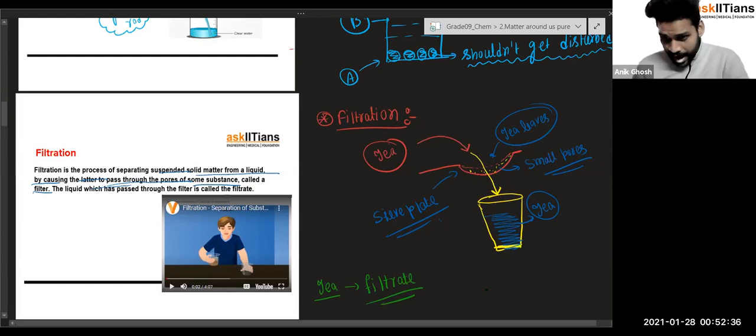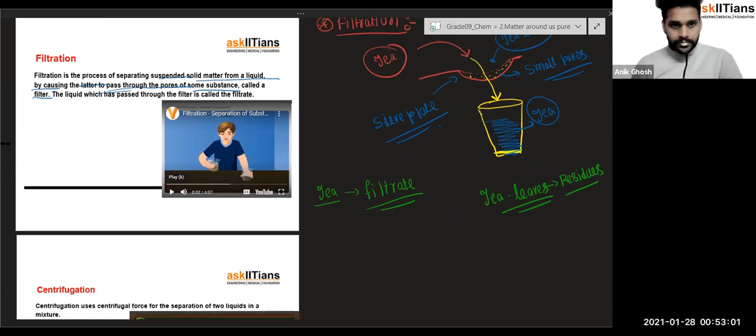And the tea leaves over there are called the residue. They are there in the sieve plate only, in the filter only. We call them residues. Now let's watch this small video to understand this process in detail.